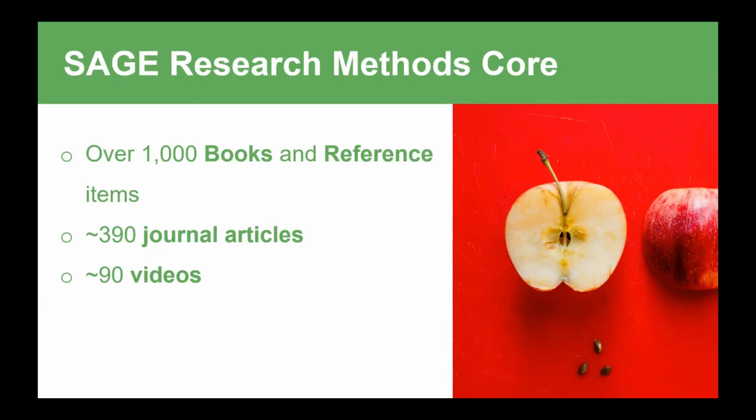We also have some videos, so around 100 videos are available to you. So if you prefer watching videos rather than reading through books, then some of the videos in SAGE Research Methods are going to be really helpful for you. And we also have access to a couple of tools. The first one, which I'm going to focus on a little bit later in detail, is called the Project Planner.